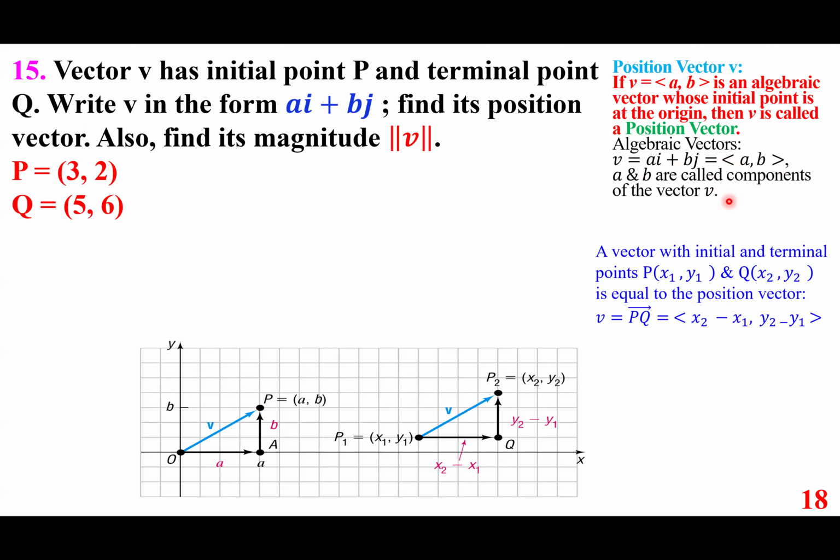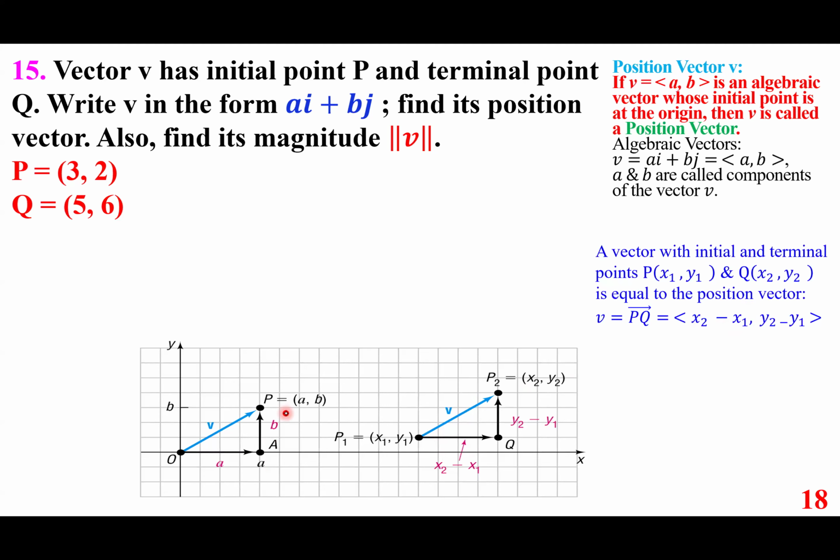So a vector with initial point (x sub 1, y sub 1) and terminal point (x sub 2, y sub 2) is equal to the position vector such that x sub 2 minus x sub 1 equals a, and y sub 2 minus y sub 1 equals b. That's the idea.